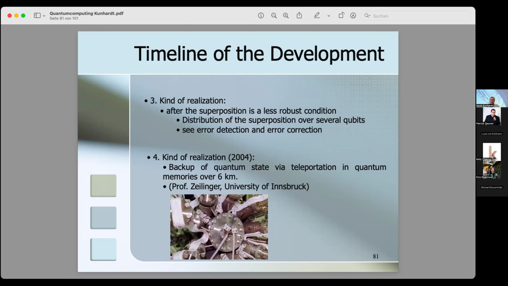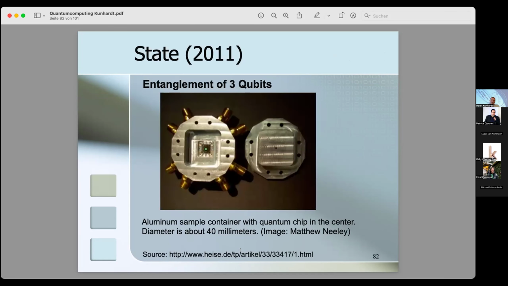Today, these quantum states can be teleported by satellites or by fiber or by other transmission lines in order to use these cryptographic systems and to check the state of the cryptographic system. So 2011, it was possible to do an entanglement of 3 qubits.